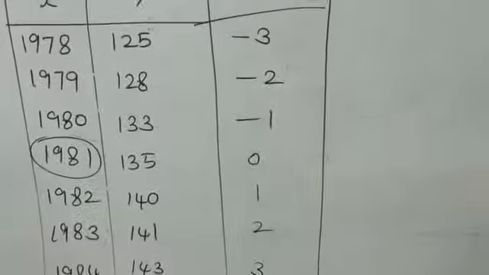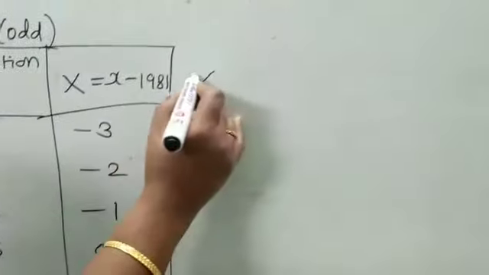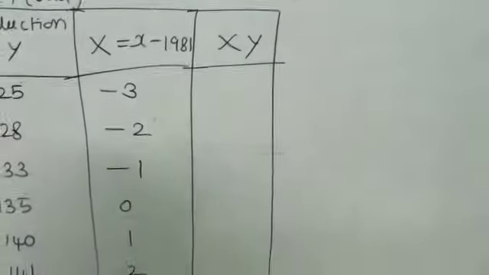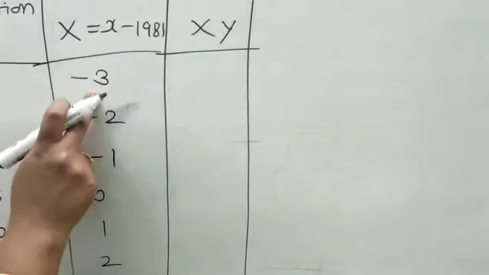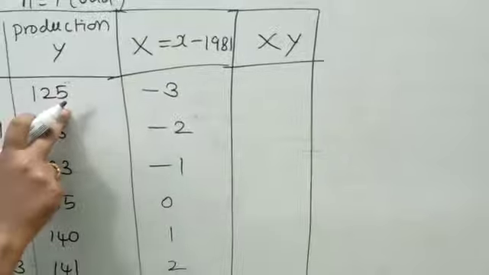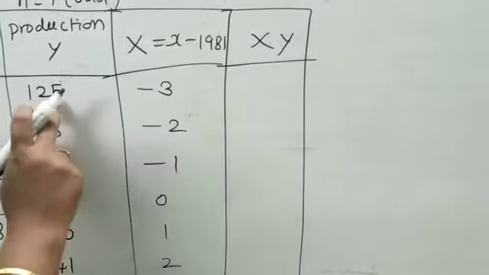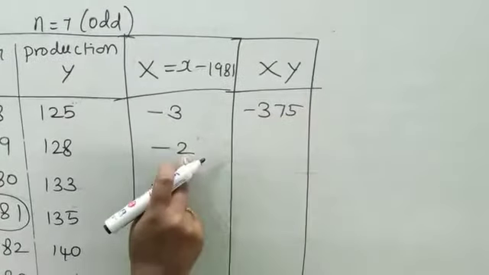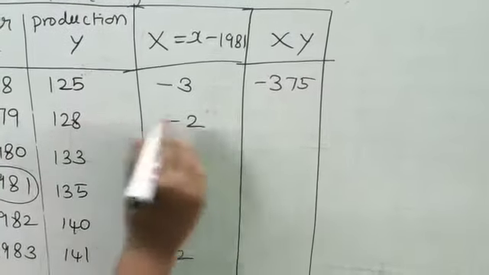Next we need capital XY. We multiply capital X and capital Y. Capital X is minus 3, capital Y is 125. Minus 3 into 125 is minus 375. Next, minus 2 into 128 is minus 256.